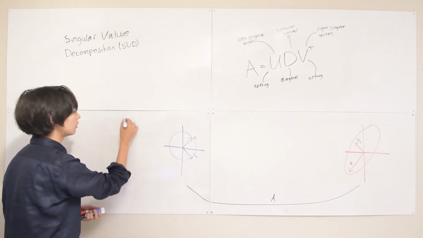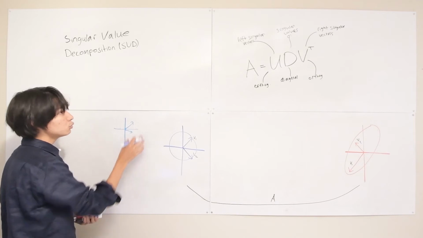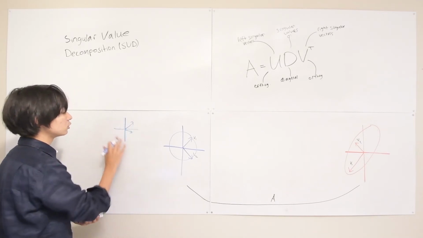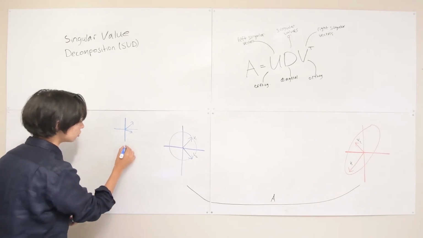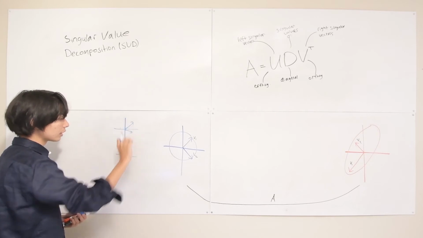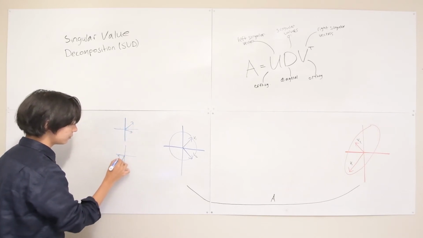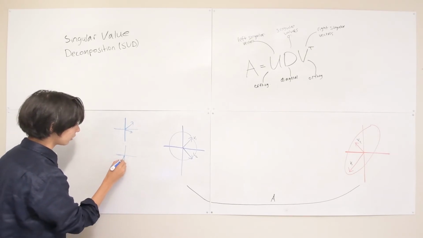So say you have two vectors like this one and this one. If you do a linear transformation encoded by an orthogonal matrix, all you're going to do is rotate these two vectors in some direction. So say you're going to have them like this and this now. It's kind of weird because they look a little different, but just imagine these being the exact same length.